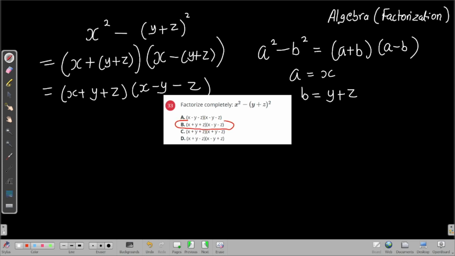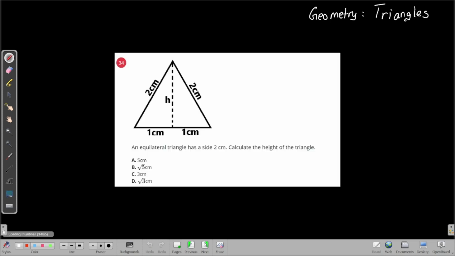This is the difference of two squares. Triangles. We have an equilateral triangle. Calculate the height h. This is definitely a question on Pythagoras theorem. What does Pythagoras theorem state? It states that a squared plus b squared is equal to c squared.